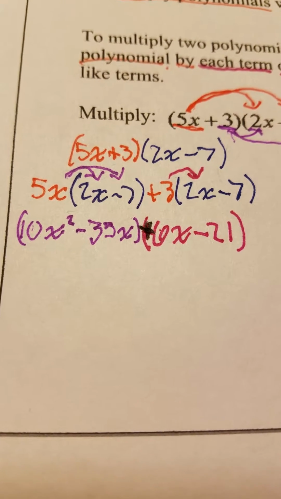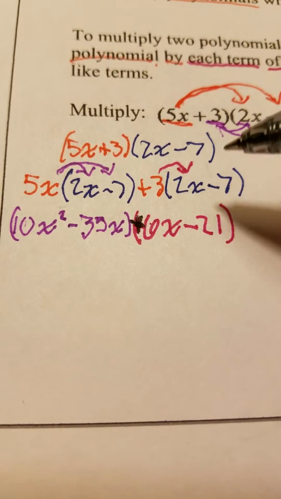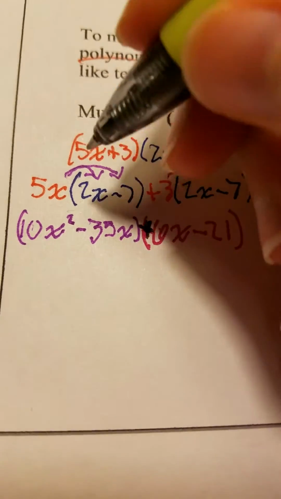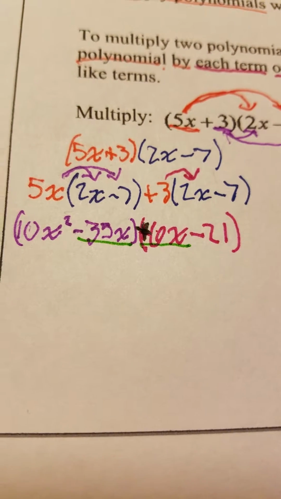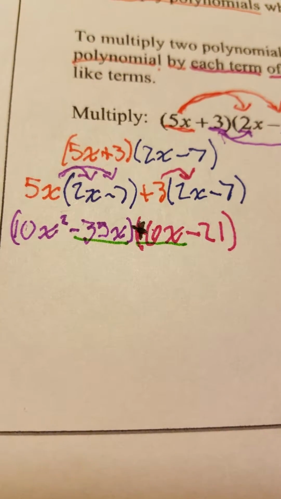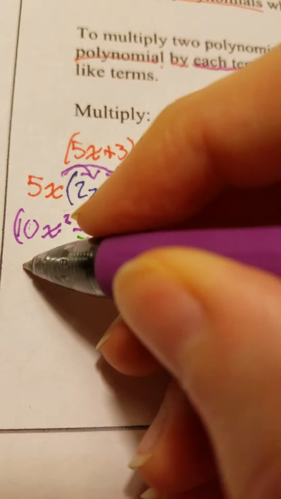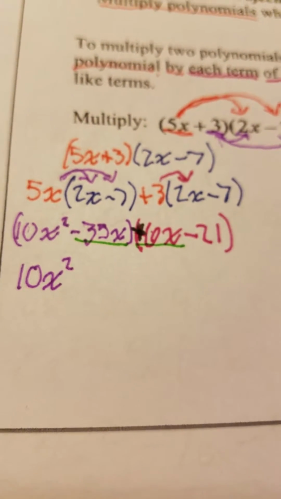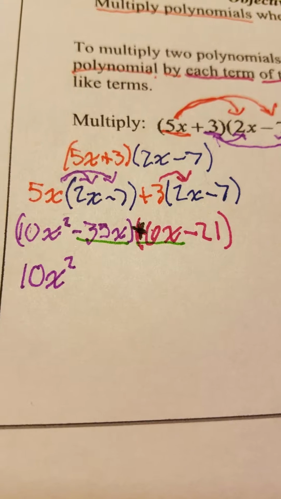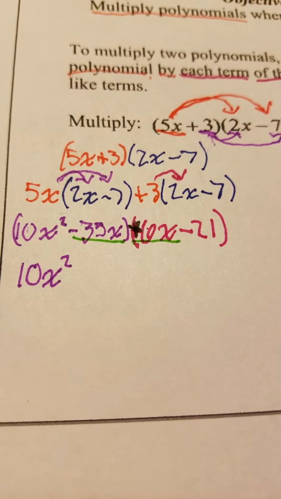Now you combine the like terms, and here your like terms are that and that. So you take this down, so therefore you have 10x squared, right? And then what is negative 35 plus 6?